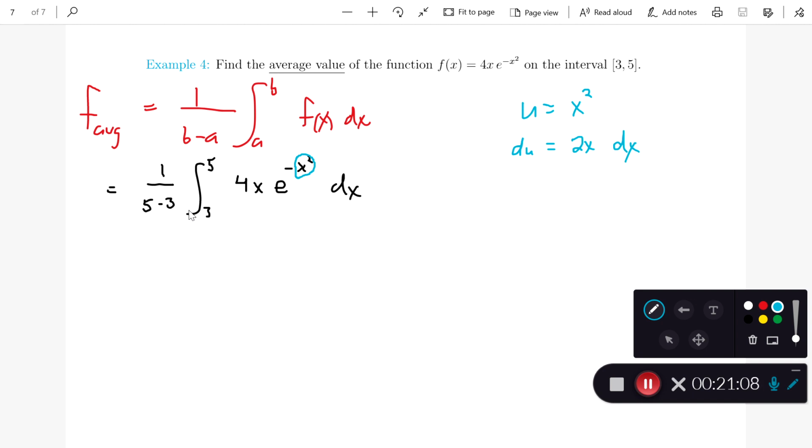Well, so basically what we need to have here is a 2 dx. Well, we've got a 4 dx.